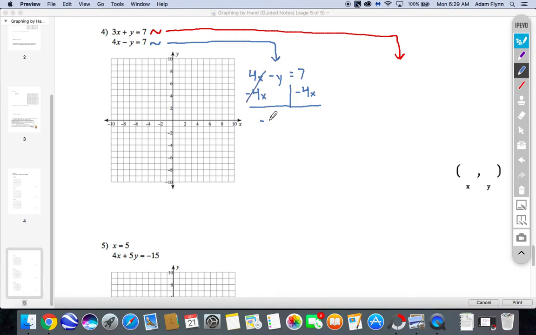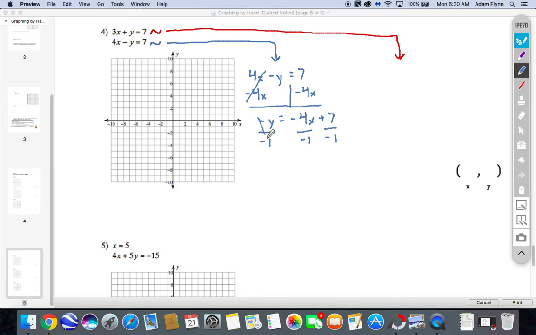So on the left side I've got negative y equals, I'll rearrange these, negative 4x plus 7. Okay, y is almost isolated. Some people will leave this as is. That is not correct. Okay, this is the same thing as having a negative 1 in front of this y. So let's divide everything by negative 1 to get rid of that negative sign.